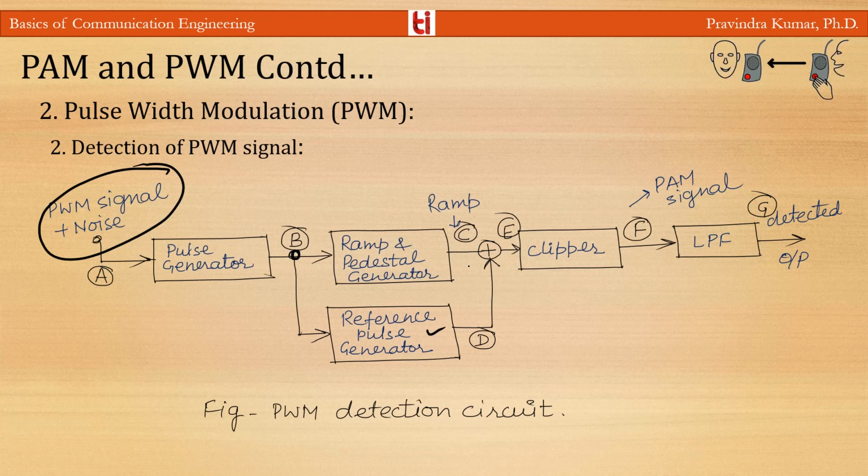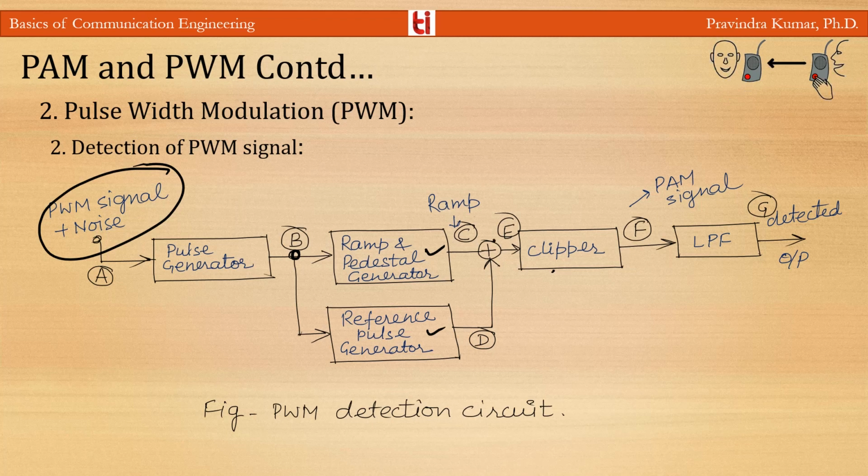These pulses are synchronized to the leading edge of the regenerated PWM pulses by delaying by a fixed interval. The regenerated PWM pulses are also applied to the ramp generator. At the output of it, we get a constant slope ramp for the duration of the pulse, and the height of the ramp signal is thus proportional to the width of the PWM pulses.